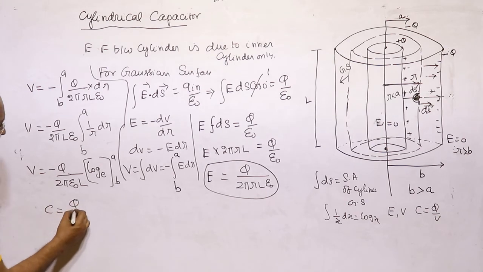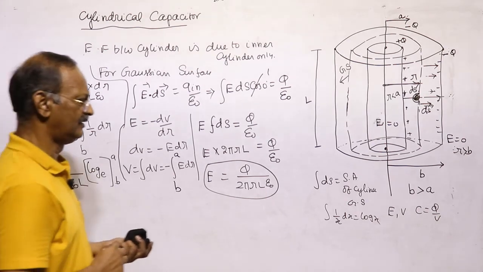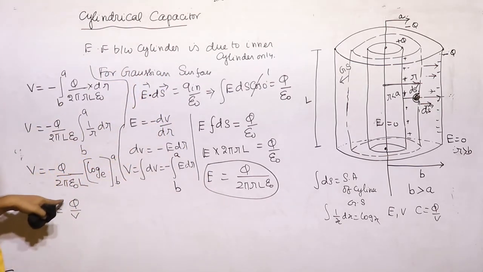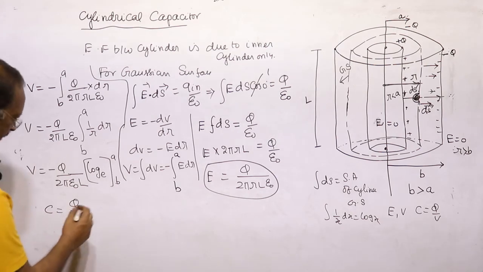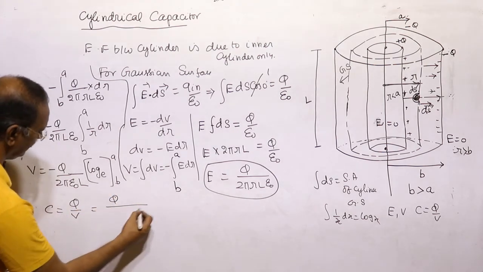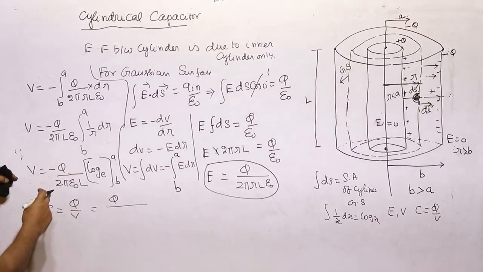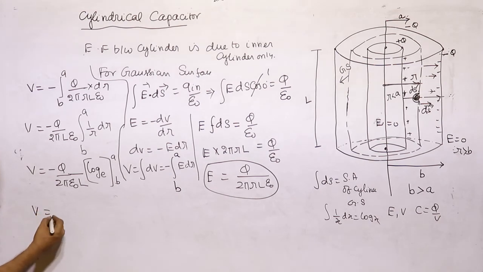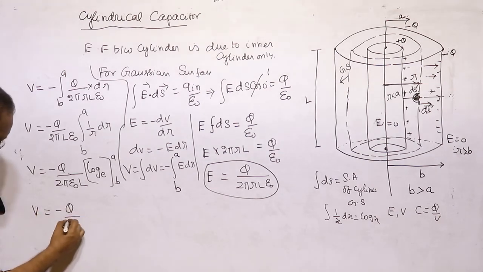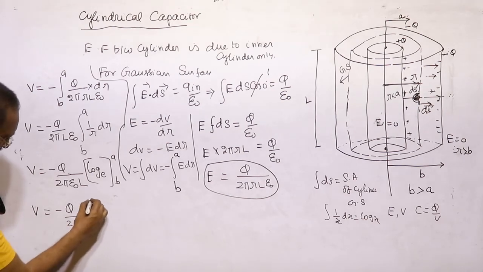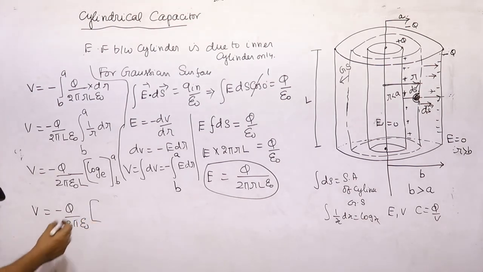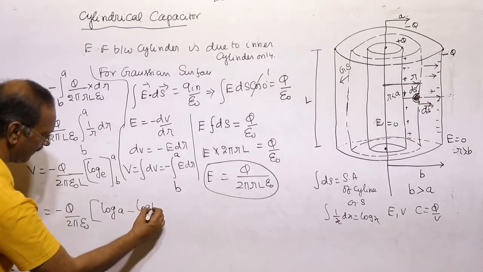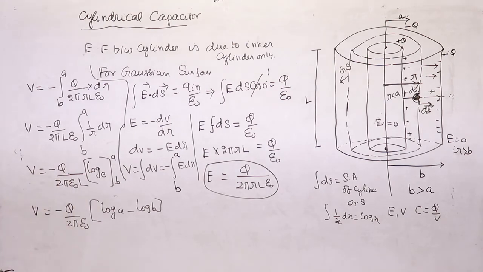What about capacitance? Capacitance is equal to q by V. First find out the electric field. From the electric field we can find out the potential, and capacitance is equal to charge divided by potential. So we can write V is equal to minus Q by 2 pi epsilon naught L into log of A minus log of B, putting the upper limit minus the lower limit.